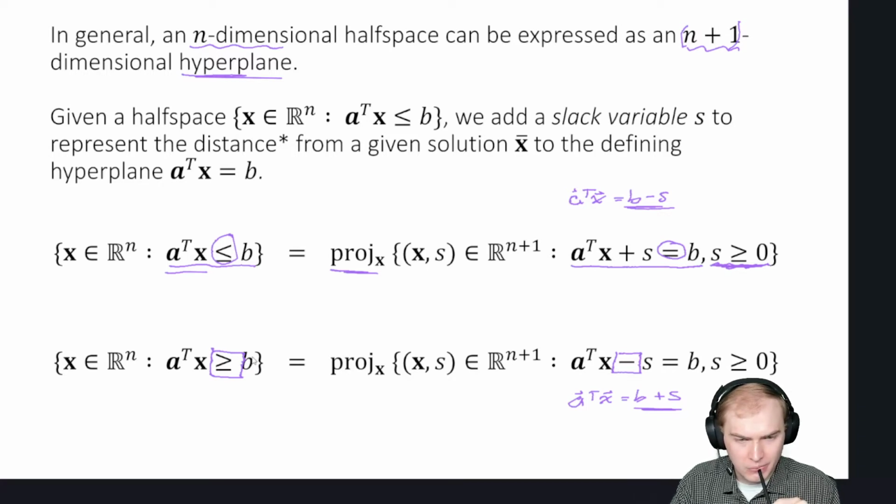Now just to reiterate why we do this, half spaces, polyhedra, oh my goodness, I cannot pronounce things today. Polyhedra have many, many solutions, but we're only interested in the solutions that actually ride on their defining hyperplanes, the hyperplanes that define the barrier for a half space.